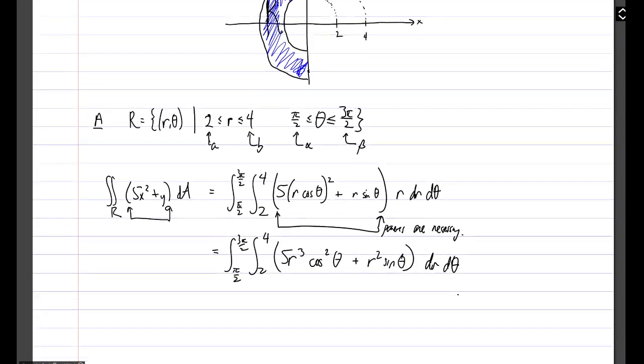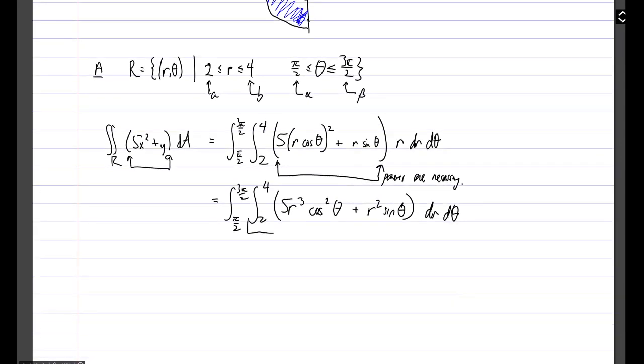Now we should integrate the inner integral. I get that this is polar coordinates, but pretend we didn't even know that. r is just a variable. So integrate with respect to r, which is not going to be so bad, because if r is the variable and theta is a constant, then cosine squared theta is a constant and sine of theta is a constant.